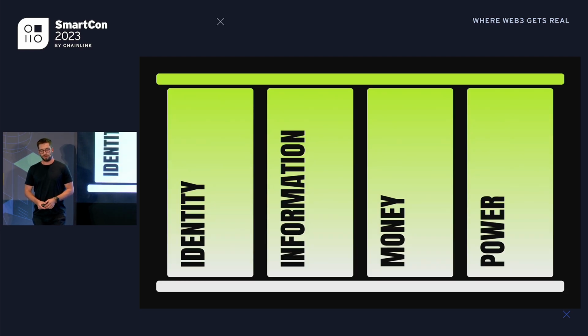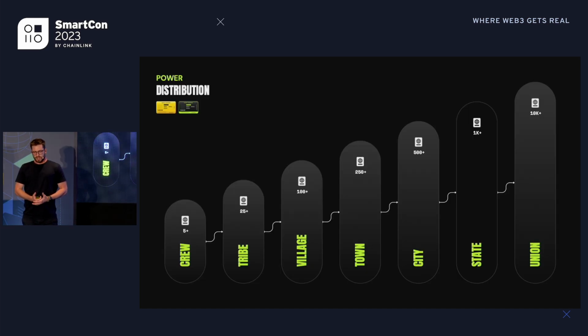The last point, which is also really important, is power. What I mentioned is all of these different communities, right? They potentially have different goals and visions, and it really depends on the size of it. Every different community potentially has very different models for how to govern itself.